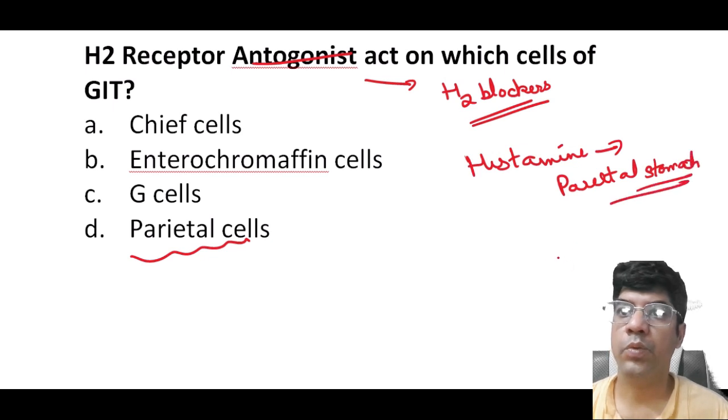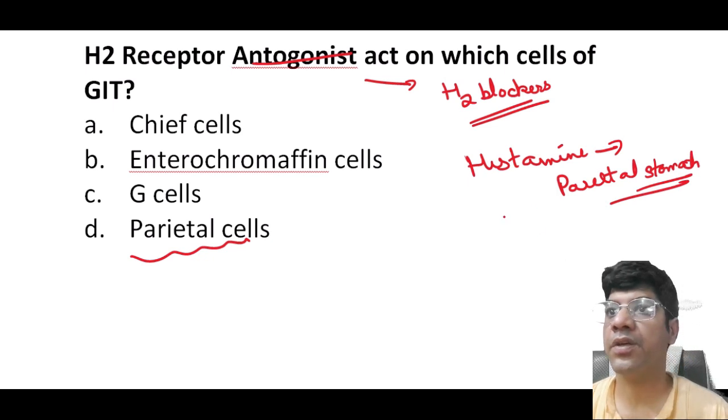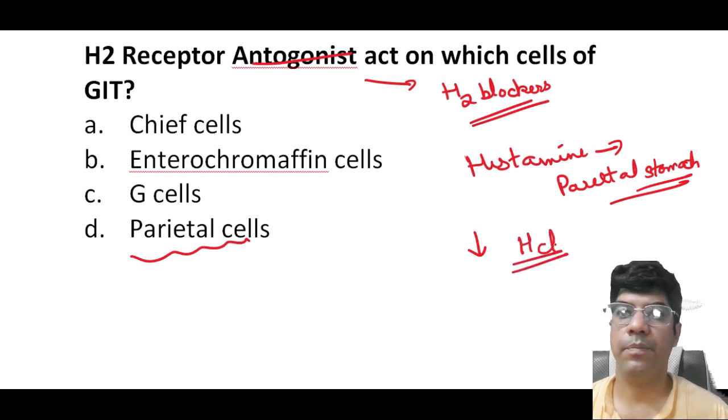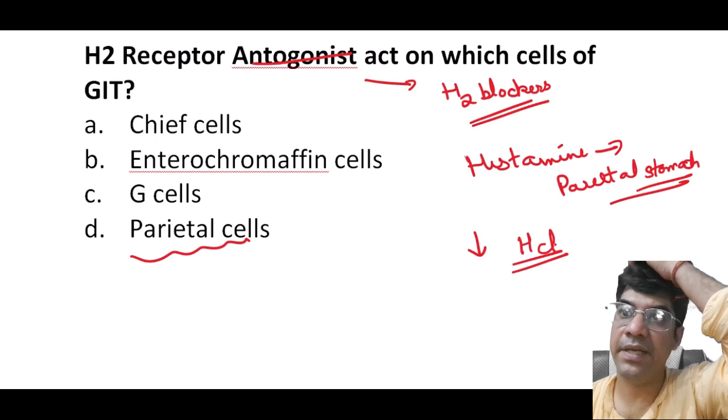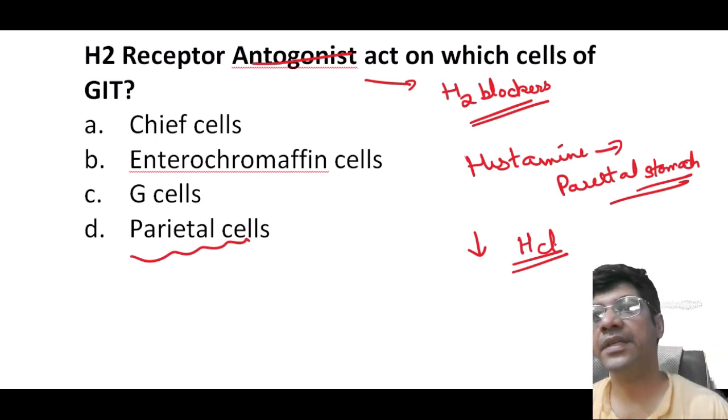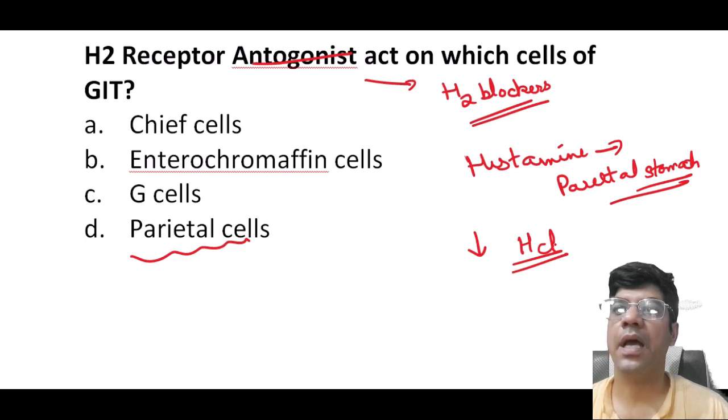By binding to its receptor on the parietal cells, these medications reduce the production of HCl. That is beneficial in treating various acid-related GIT conditions like GERD, peptic ulcers, Zollinger-Ellison syndrome, etc.